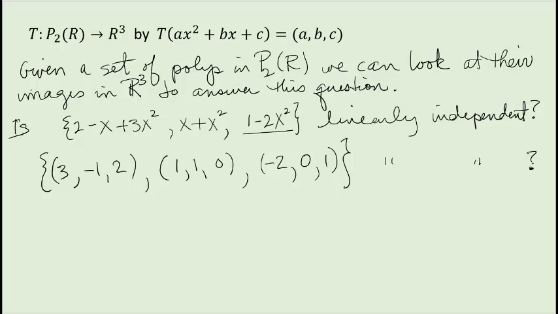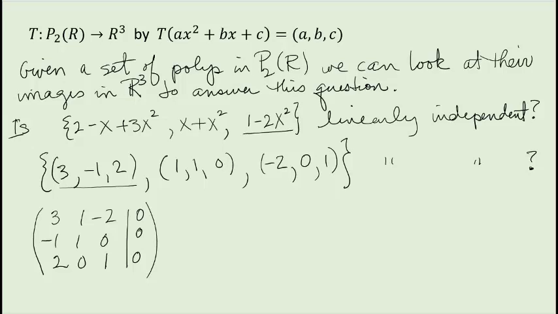You could set up a linear equation, but I think by now you see what you're doing is just taking these and dropping them in a matrix as column vectors. And we want to know if, again, you don't have to put these zeros there.